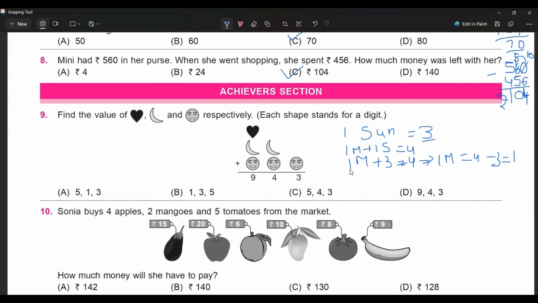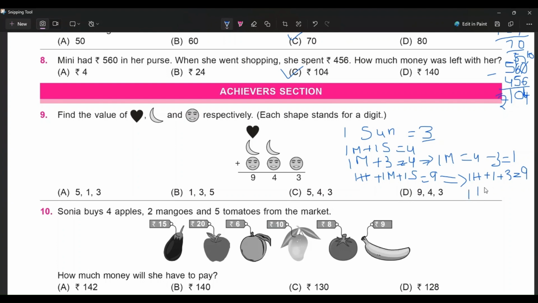So the third one is 1 Earth plus 1 moon plus 1 Sun is equal to 9. We know the values of 1 moon and 1 Sun so that we could find out the Earth value. 1 moon is equal to 1. 1 Sun is equal to 3. 9.